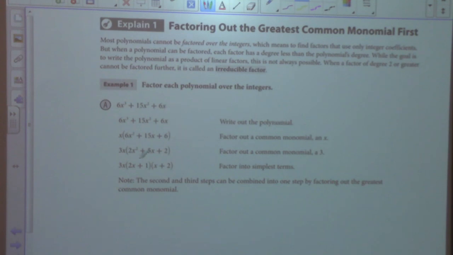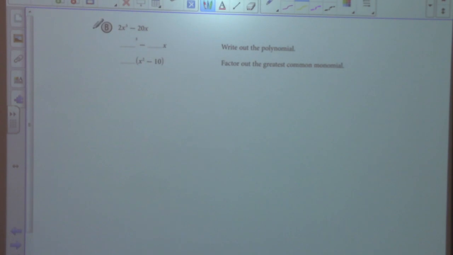Your greatest common factor here is going to be 3x. After you factor out 3x, you have this left. And the way we did it in class today, you would have used your x method to get from here to here. So really this is assuming what we've done today.